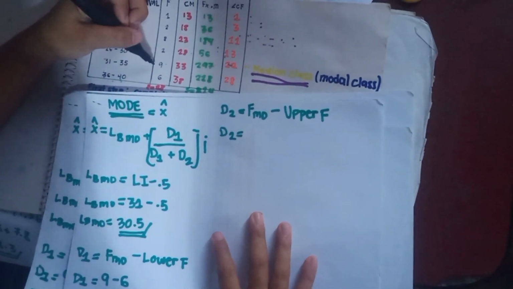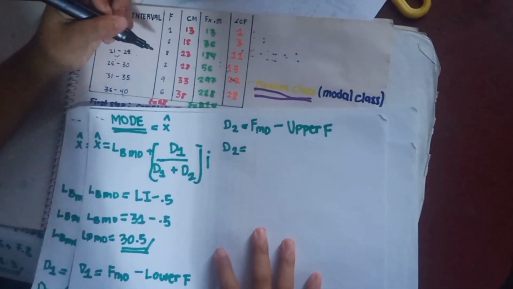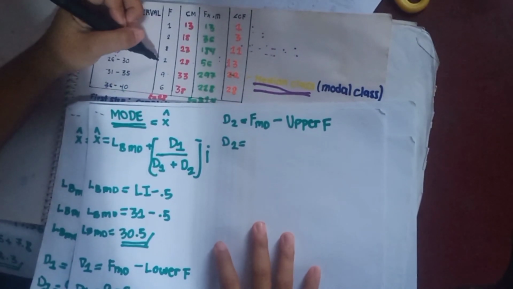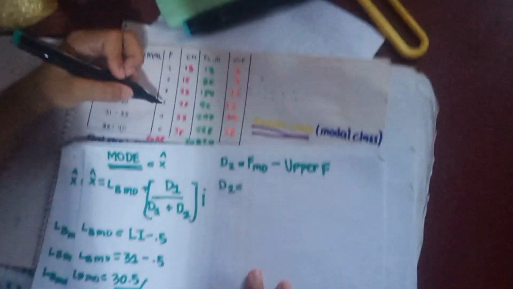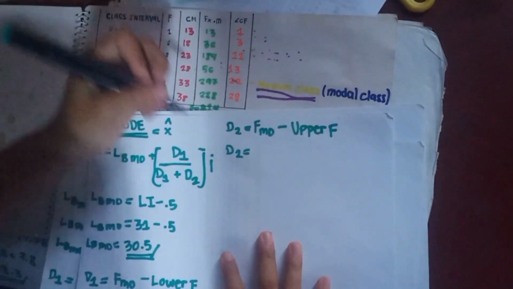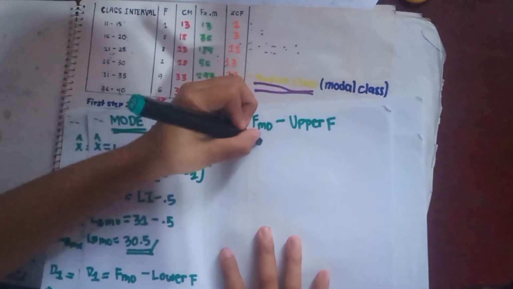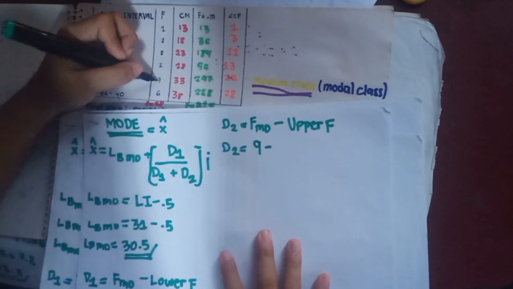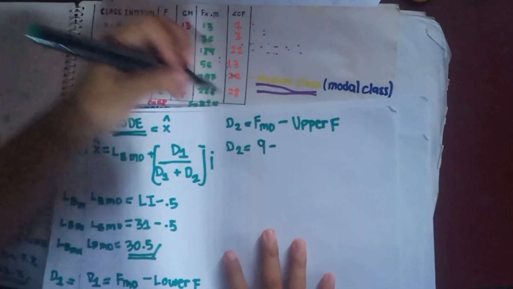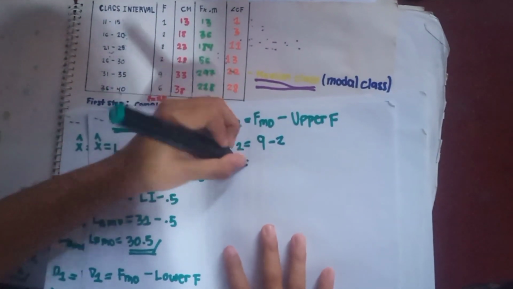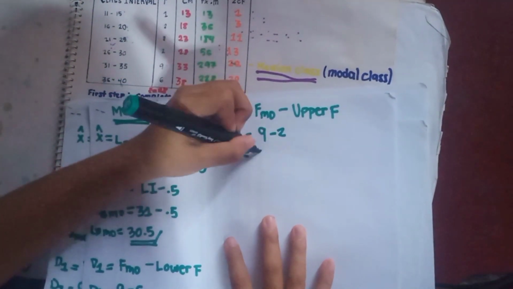So our frequency of modal class is 9, and we will have to subtract it to the upper frequency of our modal class. So 9, and the number above 9 is 2. So therefore, to get D2, we will have to subtract 9 minus 2. 9 minus 2 will be equal to 7.